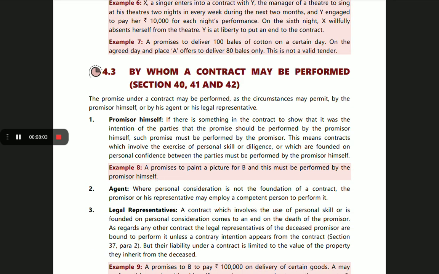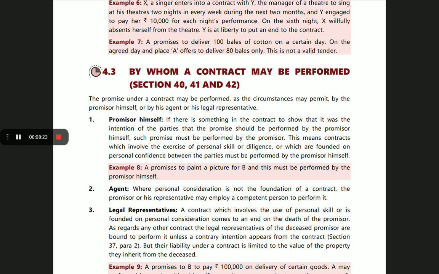Promiser himself: if there is something in the contract to show that it was the intention of the parties that the promise should be performed by the promiser himself, such a promise must be performed by the promiser.